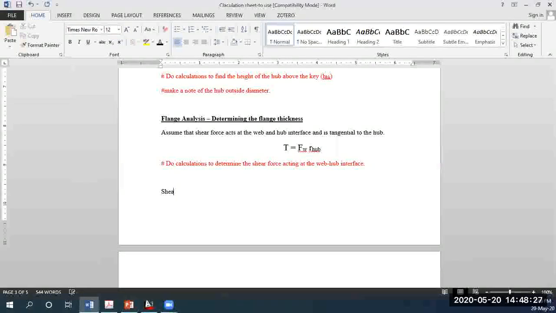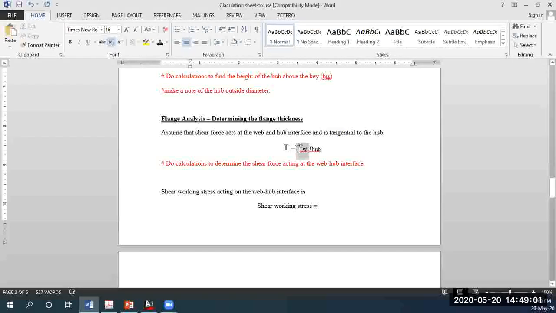So the shear working stress acting on the web interface is, so shear working stress is equal to force divided by the shear area, which is, in other words, the area of the web.